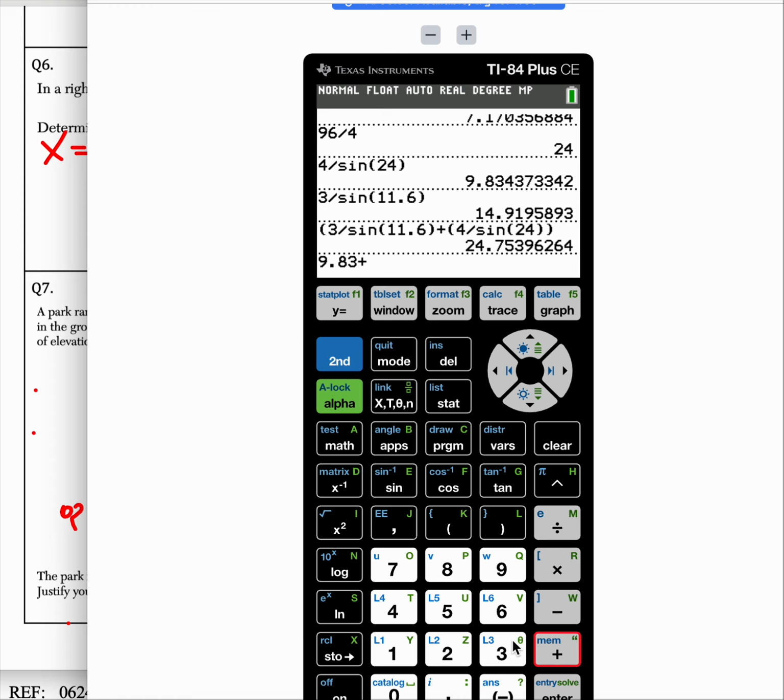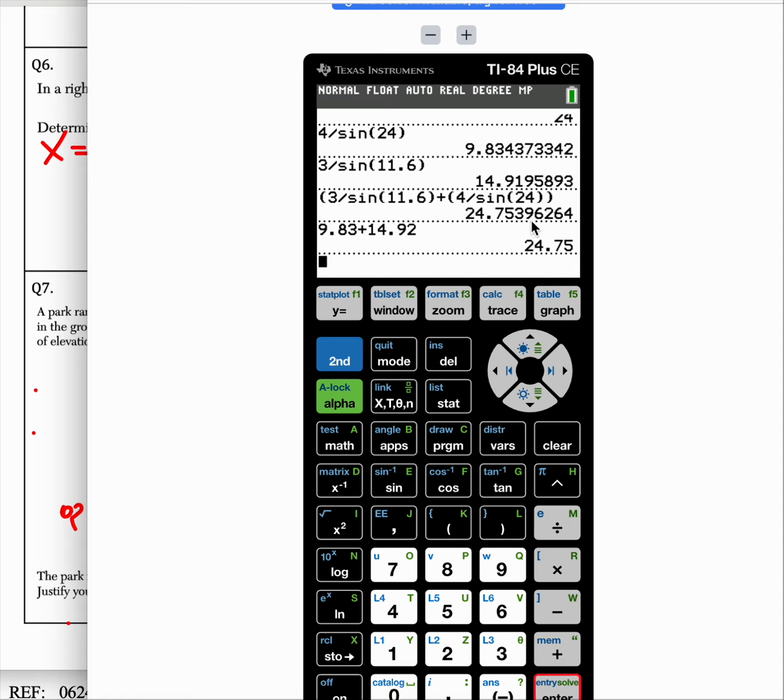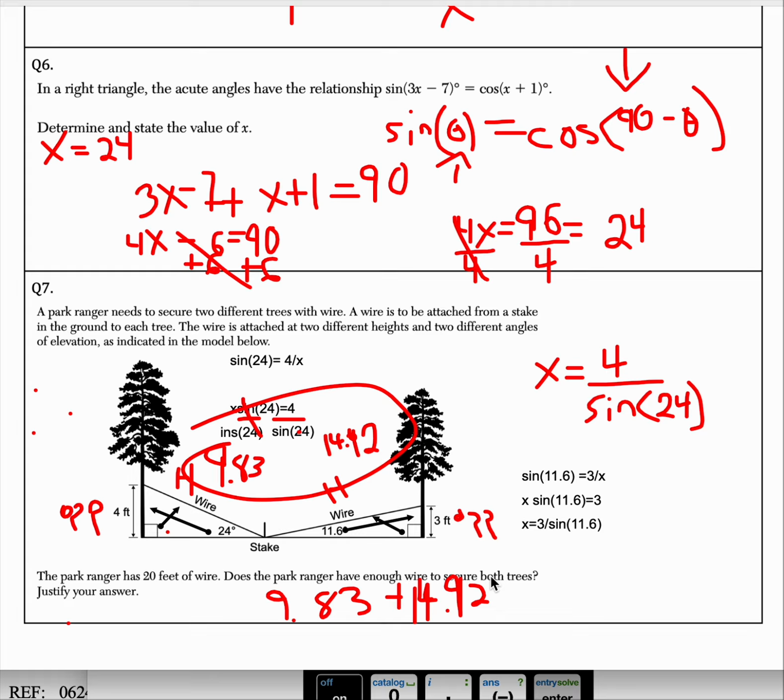Okay, 24.75. Yep, the same thing. This is just with less rounding, but it's fine to just add up your numbers, right? And try to stick to 2 decimal points to limit inaccuracy, so it'll be more accurate unless you're told otherwise. Okay, so 24.75 is how much wire he needs.